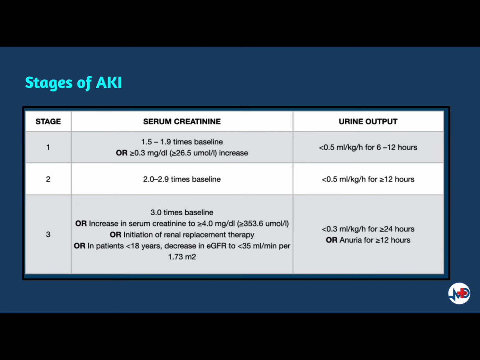And stage 3 is about 3 times the baseline, and here you'd expect to see urine output less than 0.3 mL per kilogram per hour for more than 24 hours, or the patient becomes absolutely anuric. The stages are important because these reflect the morbidity and mortality risk of the patient.